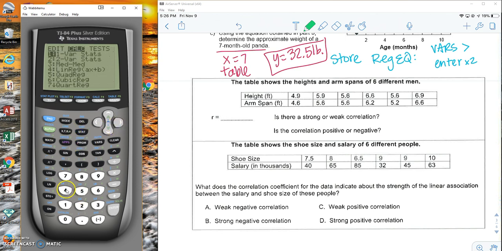But I'm going to click Stat Calc 4. I don't need to store this because they're not asking me to do anything with the equation. So my R value is 0.979. That's really 0.98. So this is very strong because it's close to 1. Very close to 1. And it is a positive number.